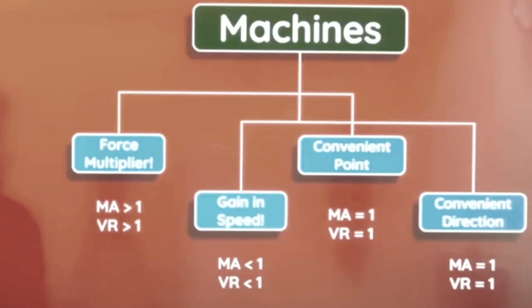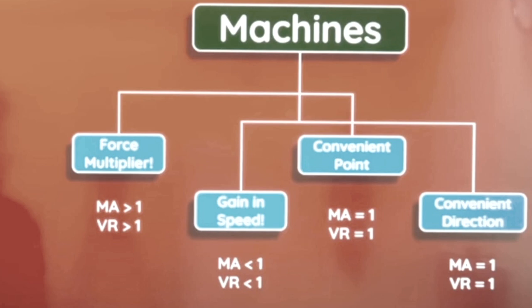My dear children, please look at the table. It explains all the 4 functions, mechanical advantage and velocity ratio in detail. First of all, when a machine works as a force multiplier, mechanical advantage, that is load by effort, in such a case load will be greater than effort, so mechanical advantage will be greater than 1. But displacement of effort will be less than that of displacement of load.